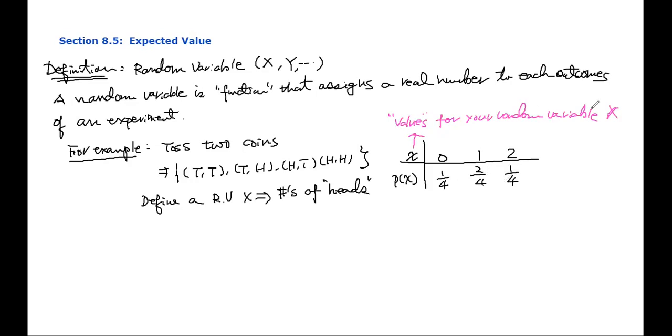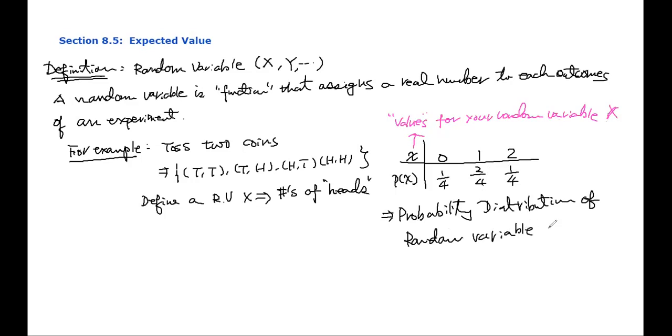This is what we call the probability distribution of the random variable x.